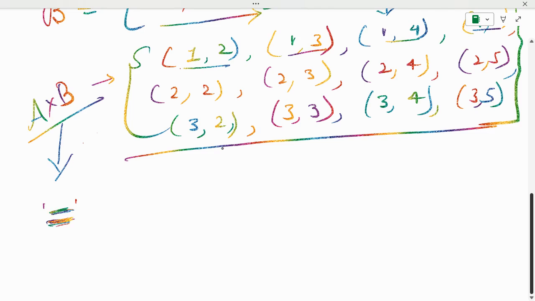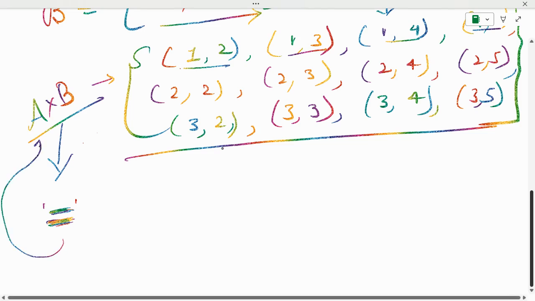Like in human relations, we say that there are certain people in a room, and we say pull out those people in pairs who are siblings to each other. So we are defining a relationship. Here also I'm defining a relationship called equal to on the set A cross B, where I'm saying that the first element has to be equal to the second element.